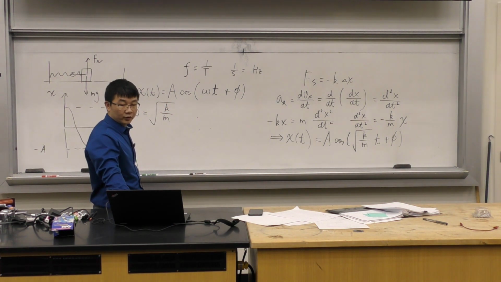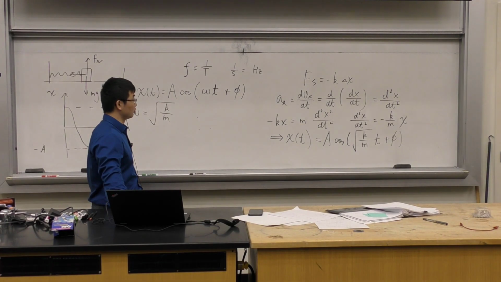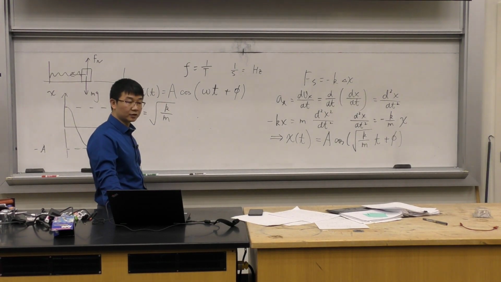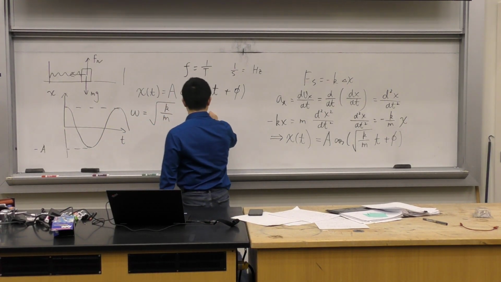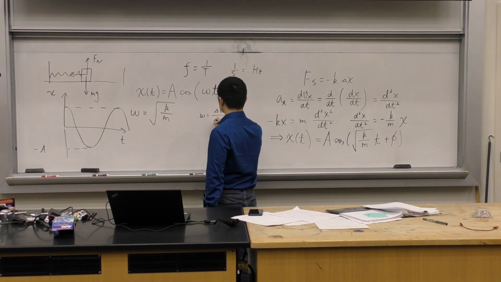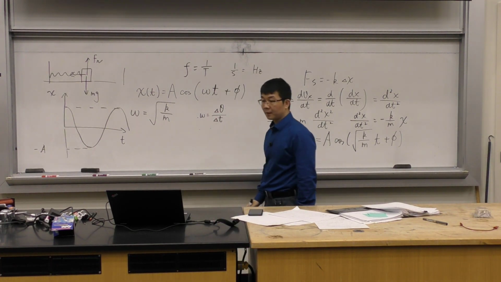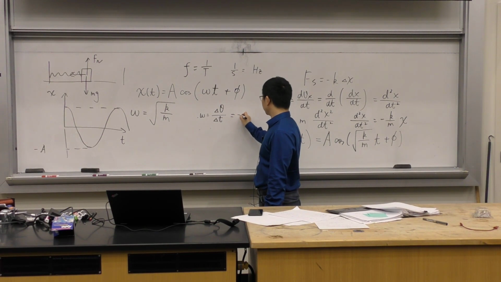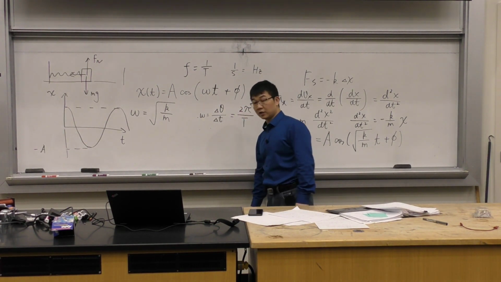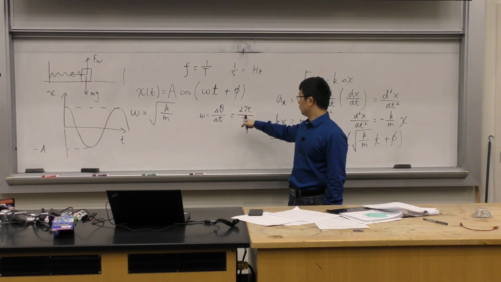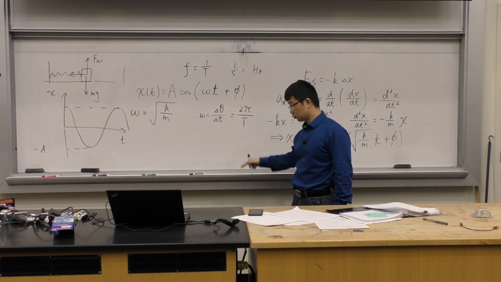And then we can also find the period using this omega. Because remember, how is omega connected to period? Omega is changing angle divided by changing time. Remember that? And then if I pick a period as the time, the angle it rotates in one period is 2 pi, right?